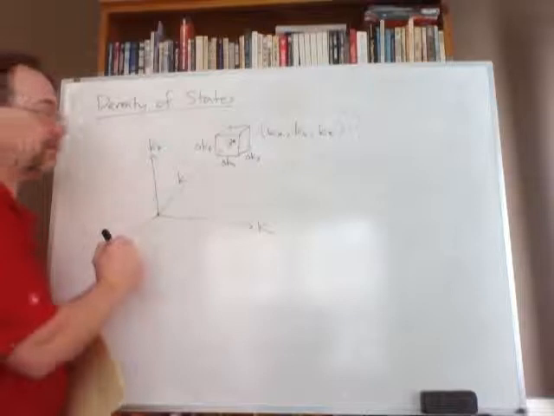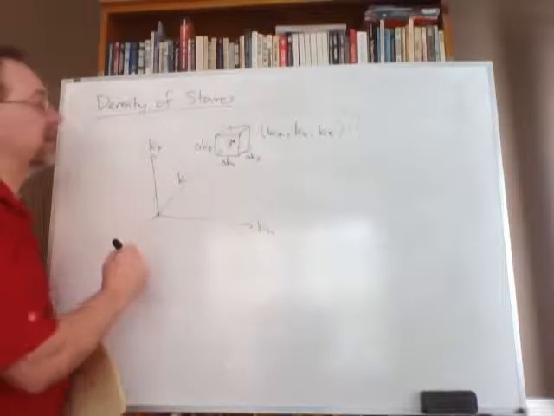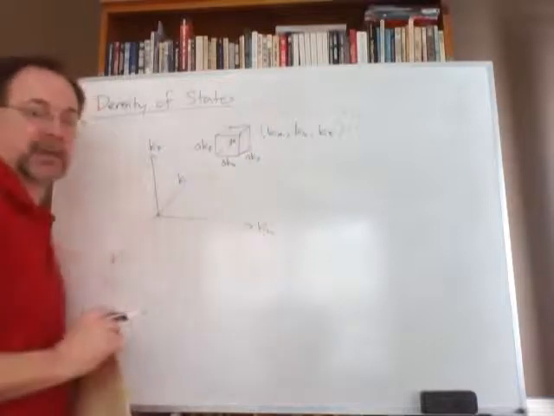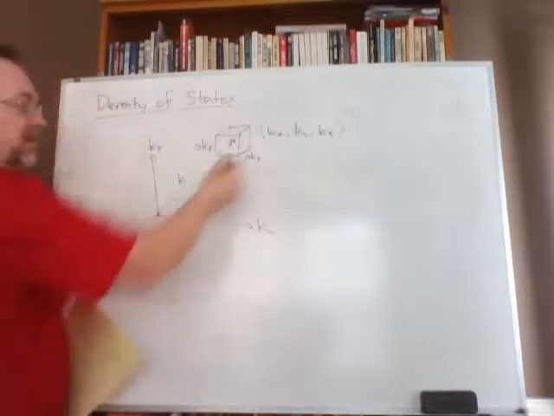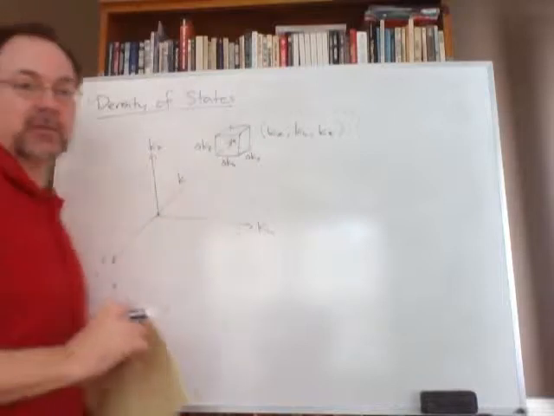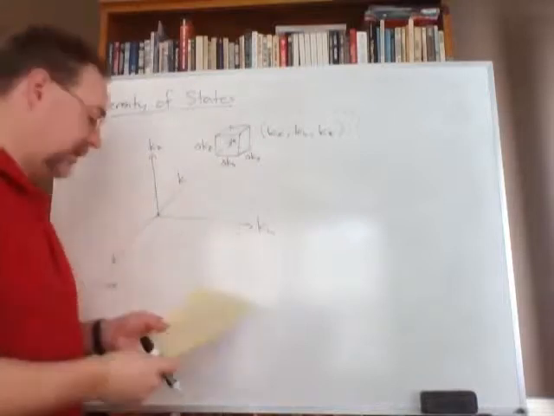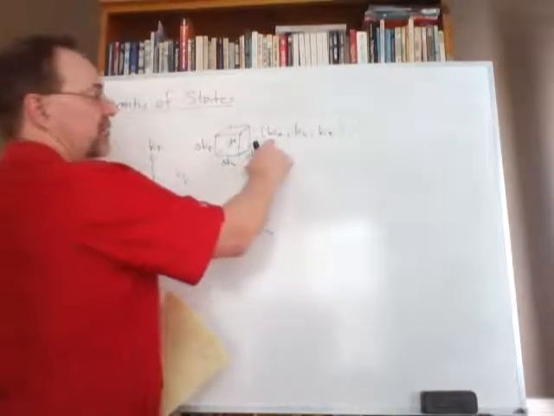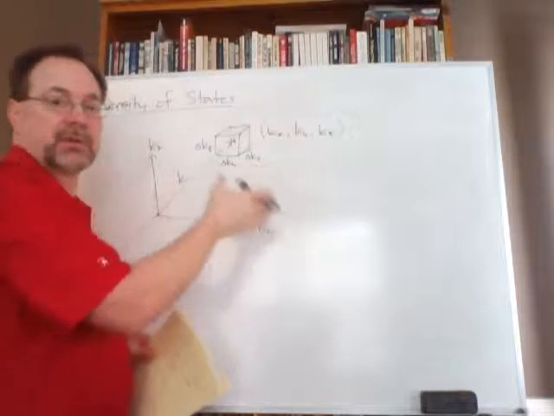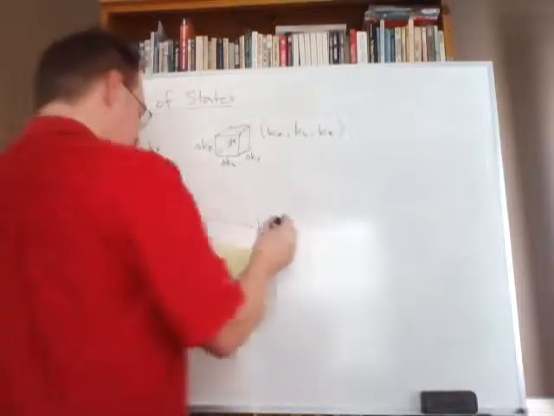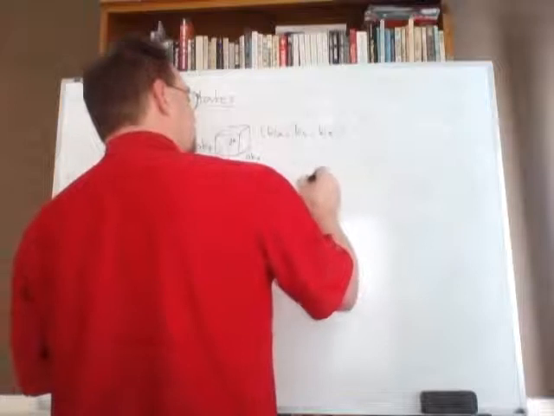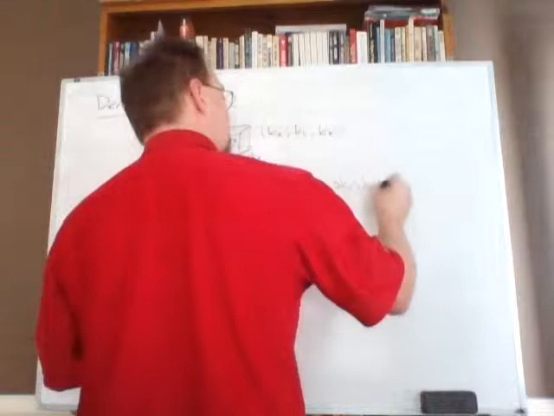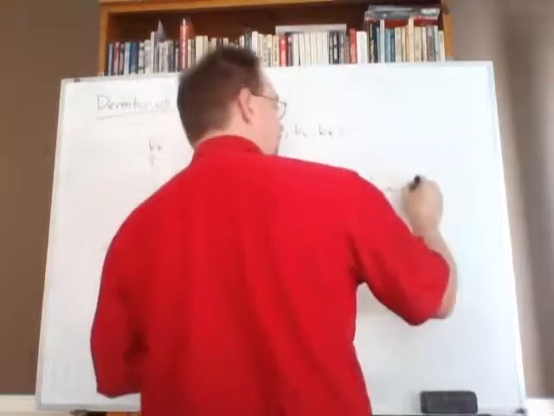So this is our k vector, you might say, in k space. What is the volume we can associate with an individual state? We know that these valid values are integer multiples of pi over a. So delta kx, delta ky, and delta kz are all pi over a.